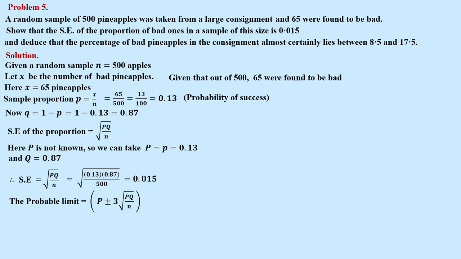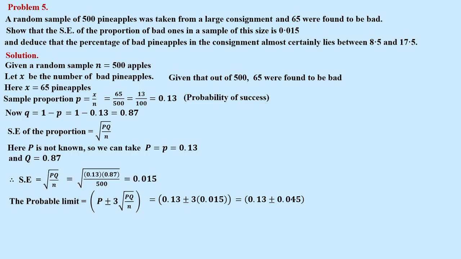So that formula is p plus or minus 3 root of pq by root n. Substituting the values, 0.13 plus or minus 3 into 0.015, right?